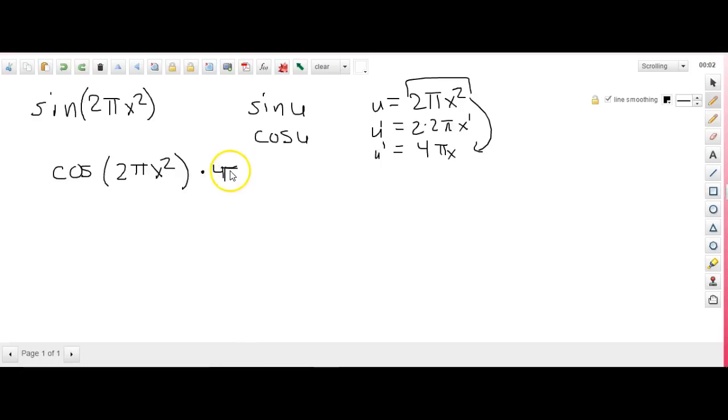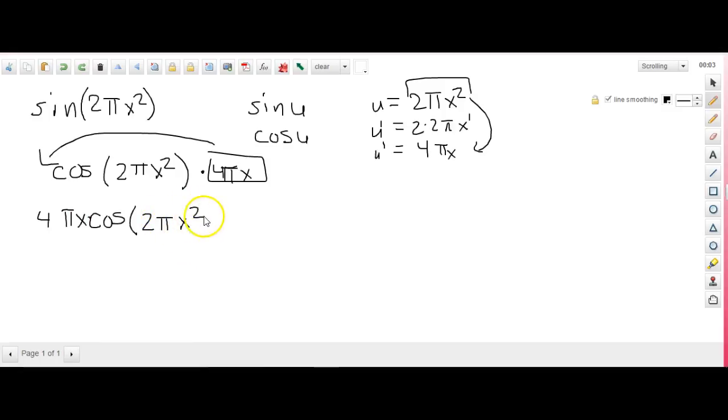But with trig functions, usually if we're multiplying by anything, we put it in front. So we just rearrange it and put 4 pi x cosine of 2 pi x squared. So there's one example.